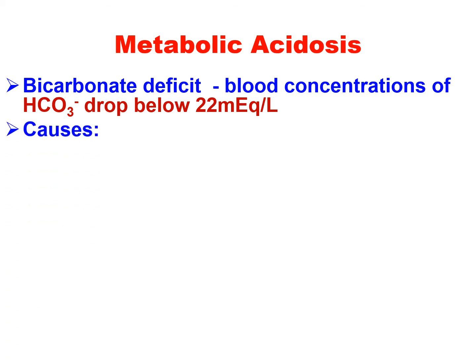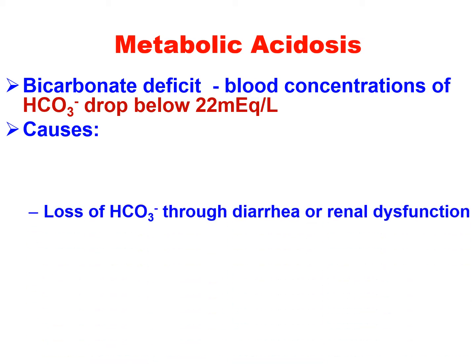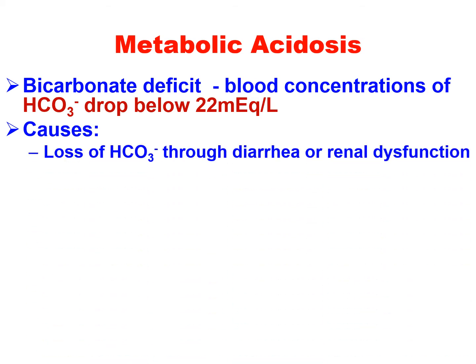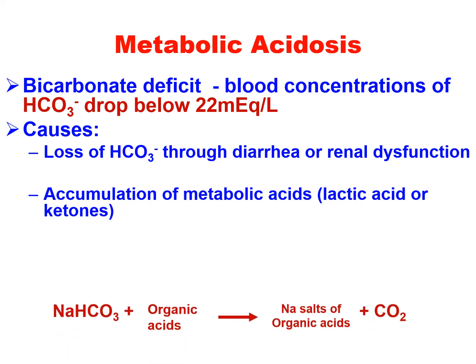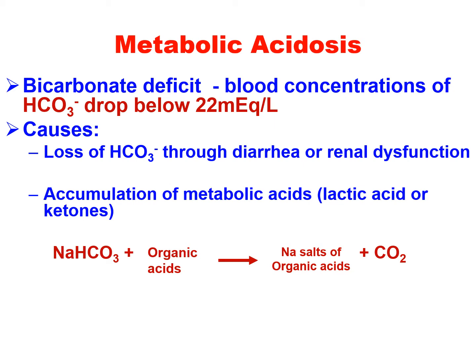It is caused by loss of bicarbonate due to diarrhea or renal dysfunction. It is also caused by accumulation of metabolic acids, fixed acids, as we discussed in the previous lecture, such as lactic acid or ketones. How do the organic acids decrease the concentration of bicarbonate?